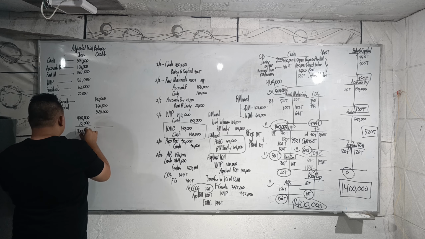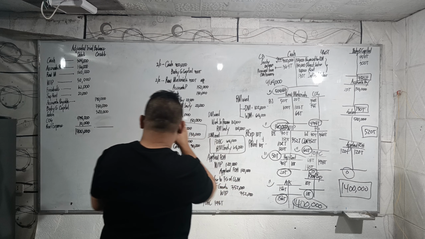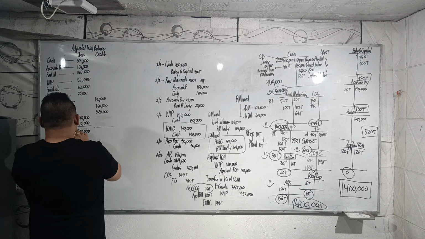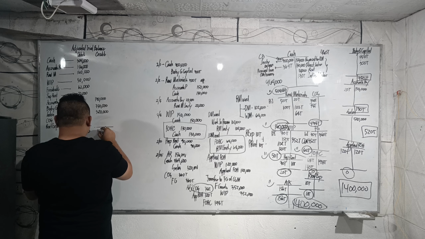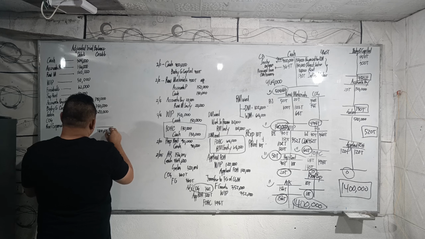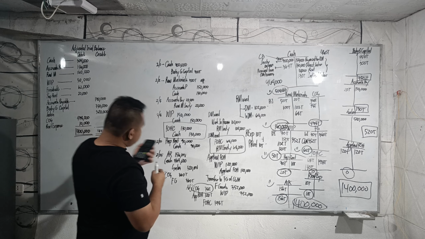That is 1,400,000. Sir, why is it that, yeah, it's 1.4. Later, I'll make my point later. 130 plus 750,000 plus 520,000 is 1.4. Okay. So that's it for the adjusted trial balance.